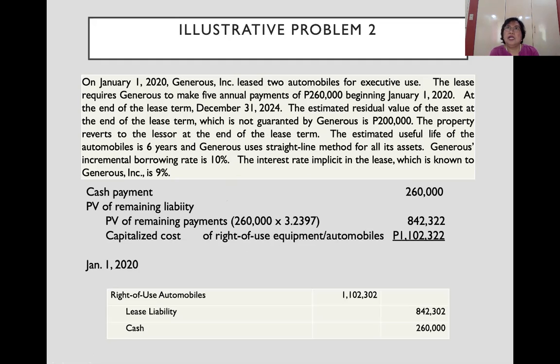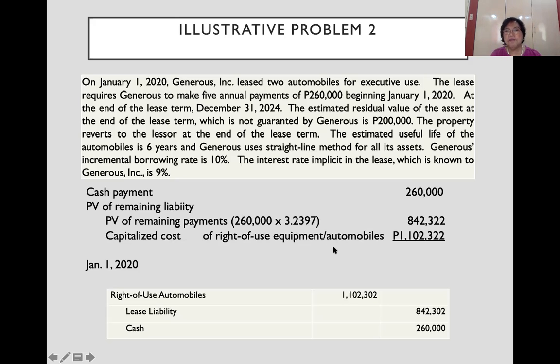It has only an obligation to return the asset, but not necessarily with an assured value of 200,000. Therefore, any residual value that is not guaranteed by the lessee is disregarded by the lessee, first in the computation of the capitalized cost of the asset, second in the computation of the present value of the lease liability, and third in the computation of depreciation.